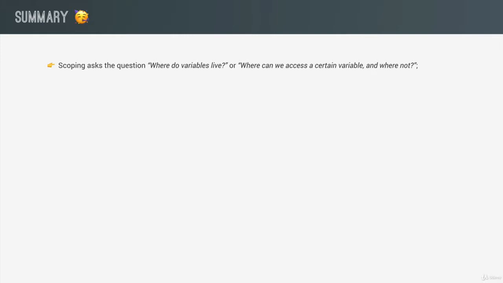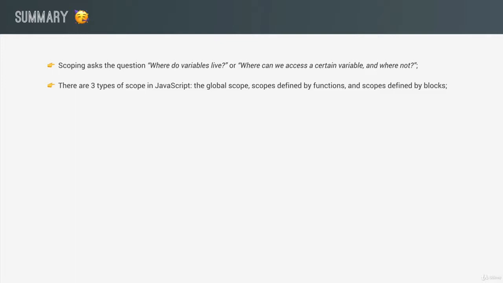That's what scoping is all about. Now, there are three types of scope in JavaScript: the global scope, scopes defined by functions, and scopes defined by blocks, starting in ES6. However, only let and const variables are block scoped. Variables declared with var automatically end up in the closest function scope.